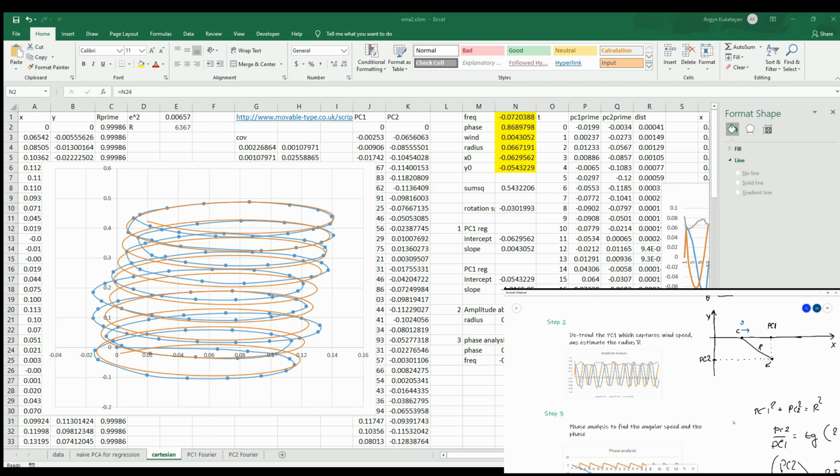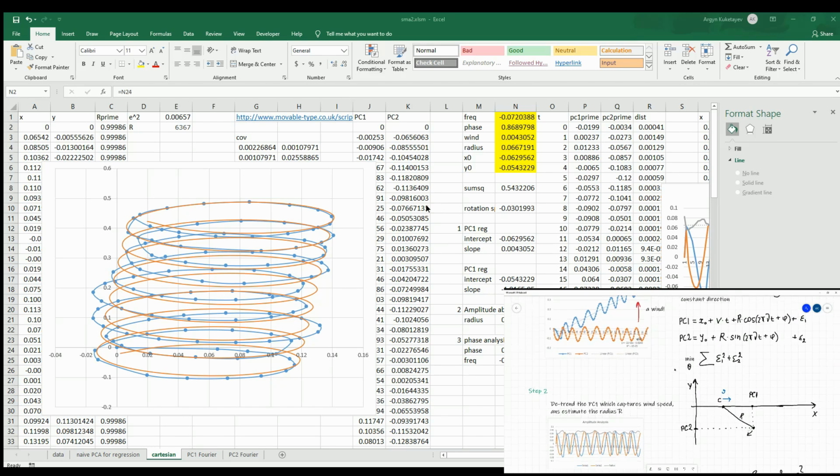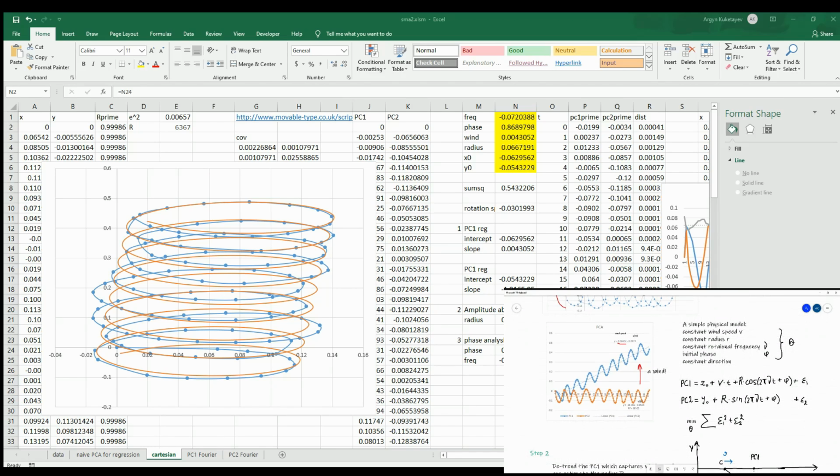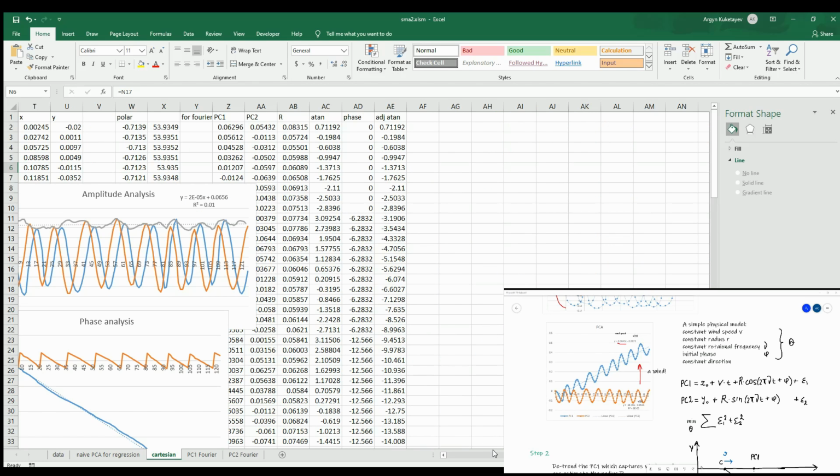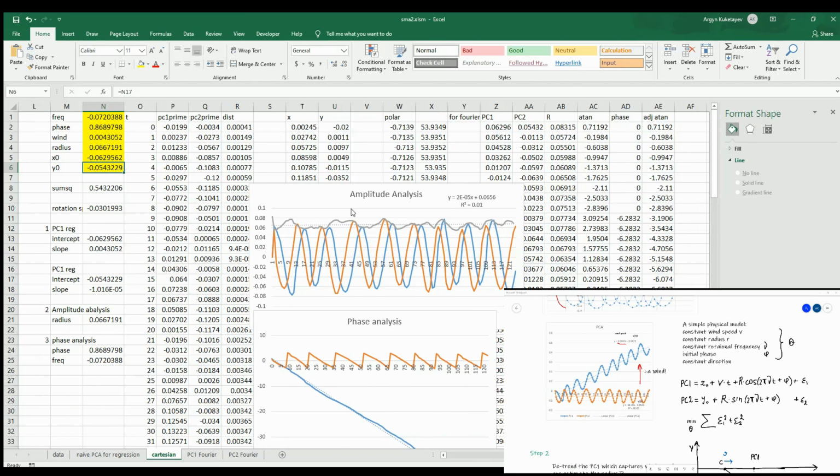I got the frequency in the movement equation, right? In this movement equation, I'm showing it in a smaller screen. In Excel, I was able to get all the parameters: frequency, phase, wind speed, radius of the rotational movement, and x0 and y0, which are the principal component means, the shifts. Once I got all of those, now I can actually generate my x and y's.